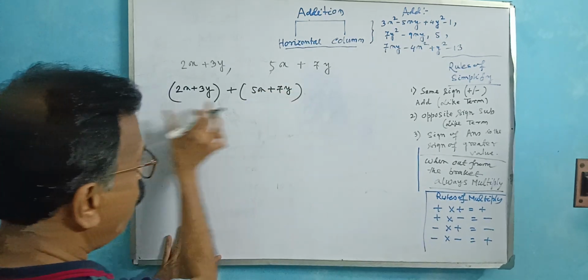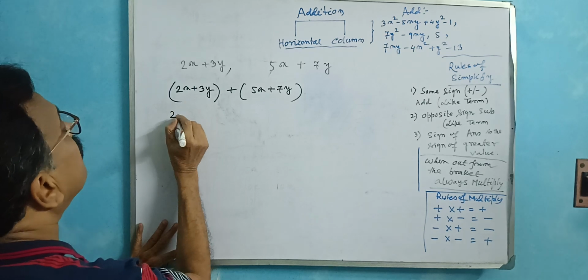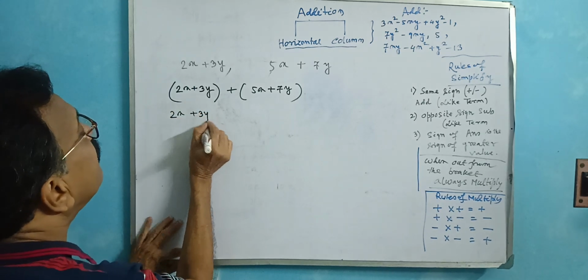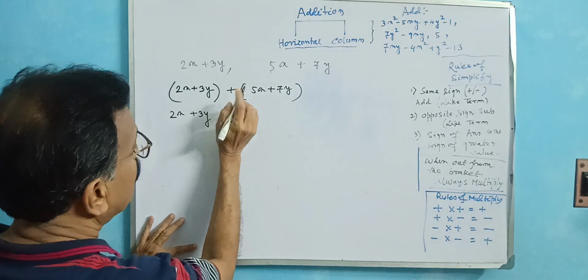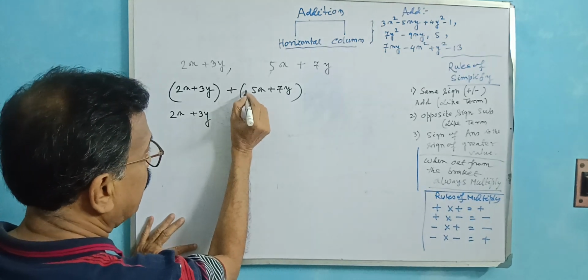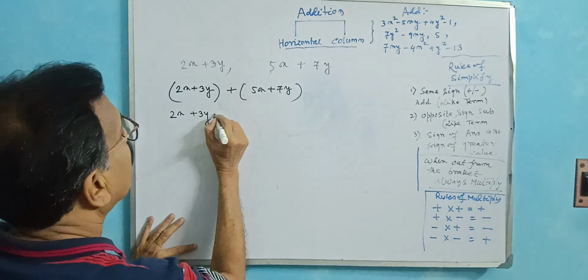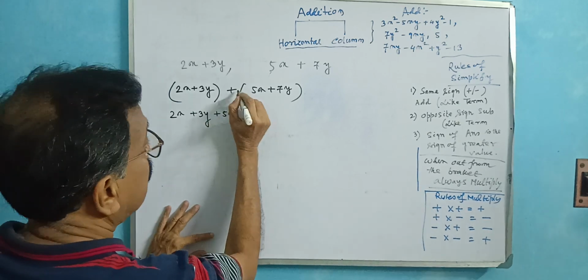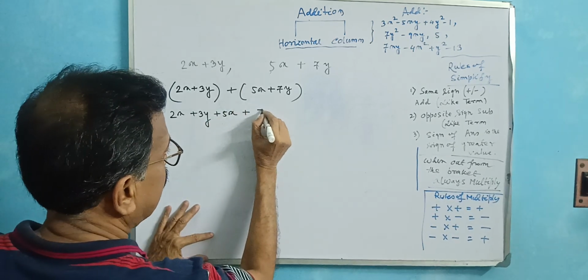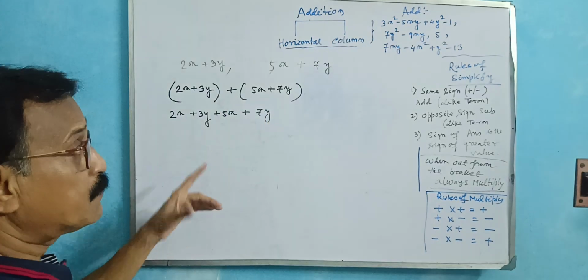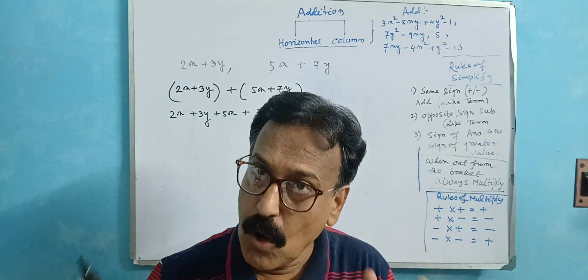This is called the horizontal process. Out of bracket, this is 2x plus 3y. If there is nothing, that means 1, and if there is nothing, that means the sign is plus. So actually plus 5x and plus 7y. That is the rule of simplify actually.